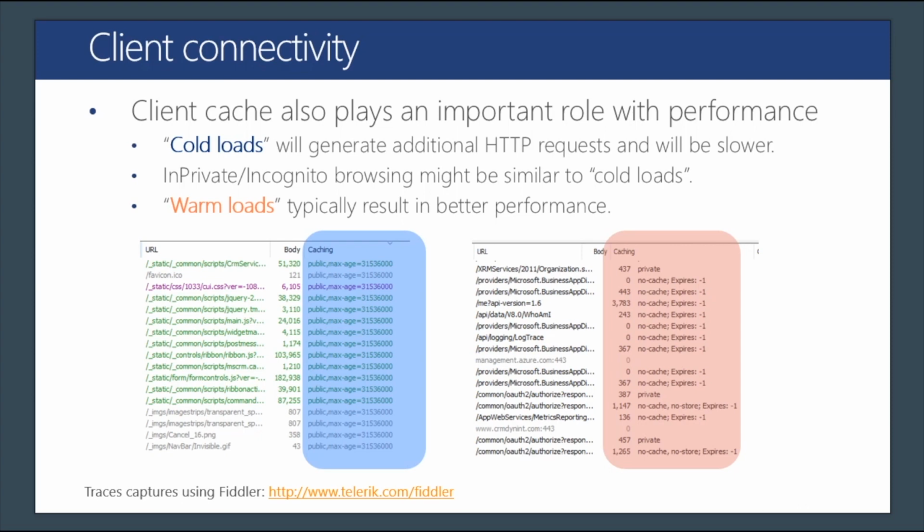Based on this information, you can go back and adjust your group policy and your browser settings to enable proper client caching. Most of these things are quite straightforward and simple, but you'll be surprised that we have seen a lot of significant escalations and issues because some of these basic things were not in place in the customer environment.